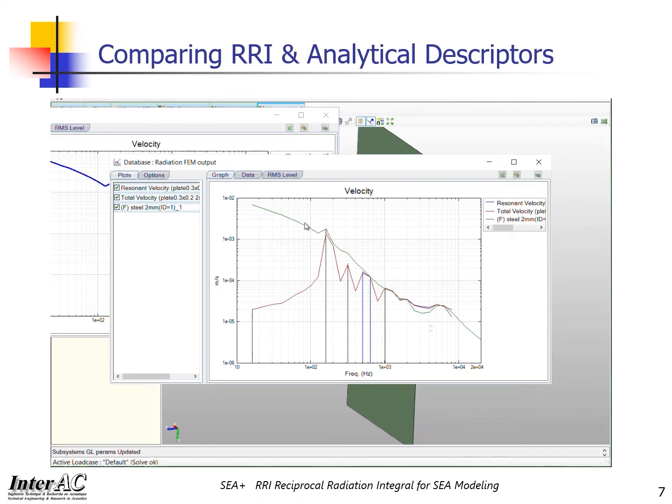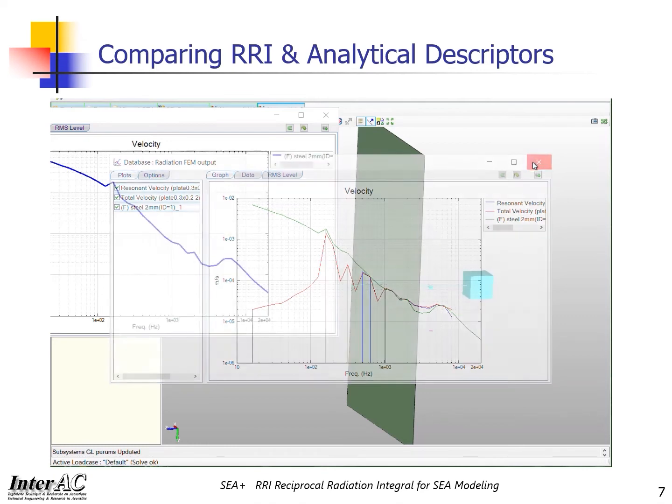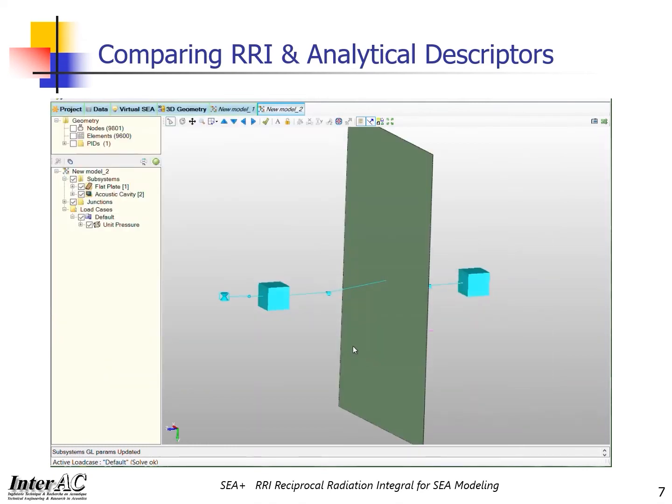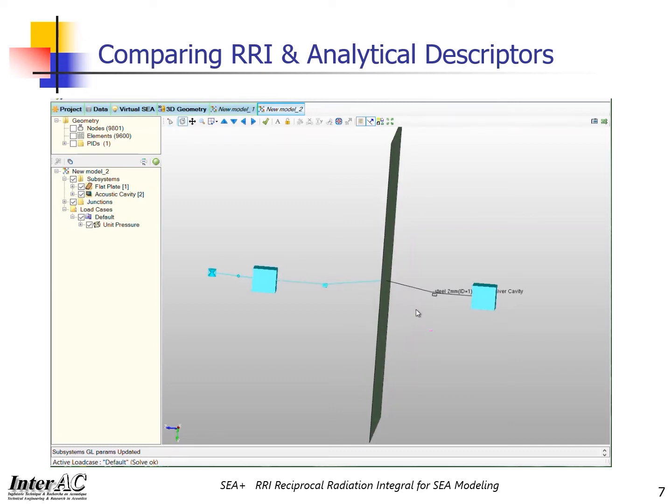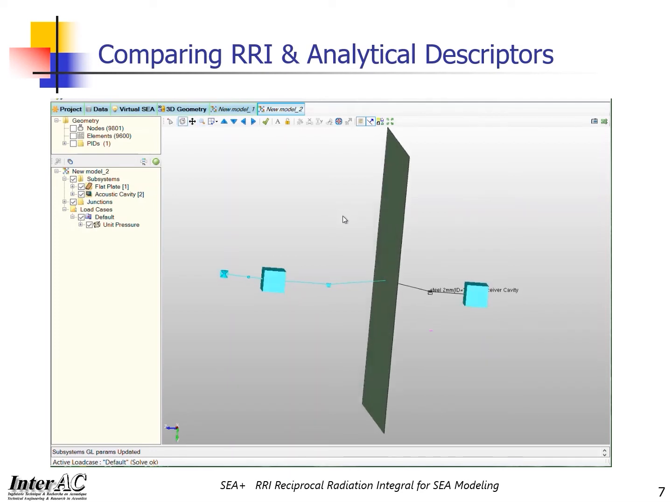And what is interesting is now what we'll do is to use the RRI spectrum in the junction here to make our analytical model a hybrid model, where we put all the numerical data within the connection.